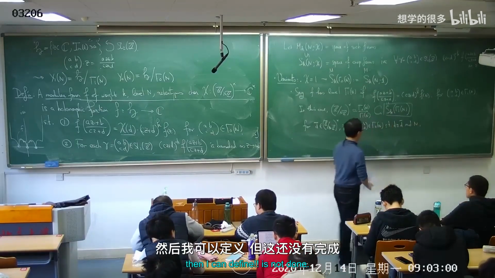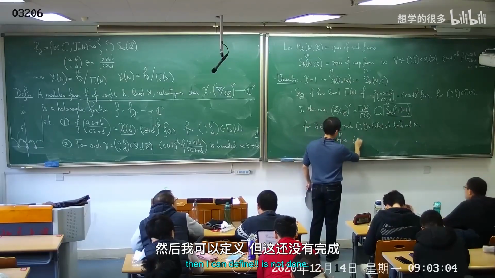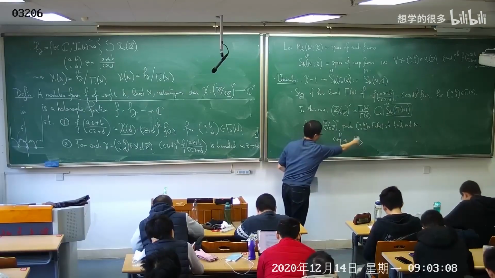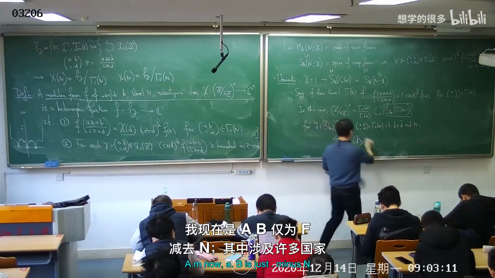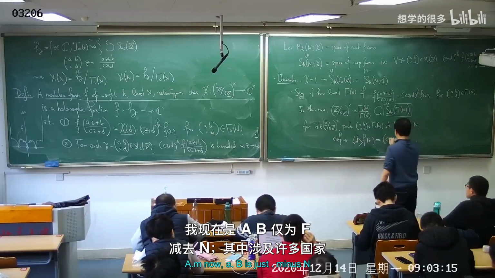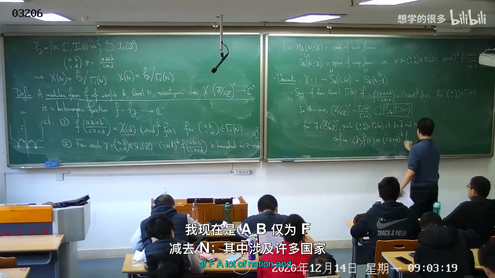Then I can define, it's called diamond of ē, angle bracket, ⟨ē⟩f = (cz+d)^(-k) f((az+b)/(cz+d)).